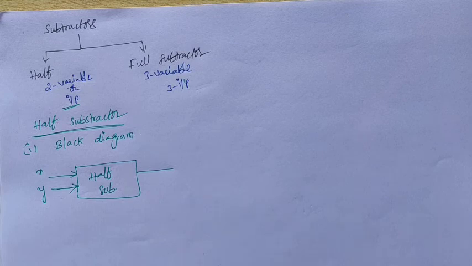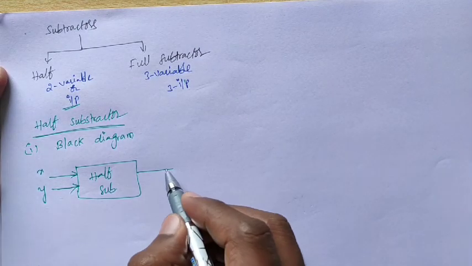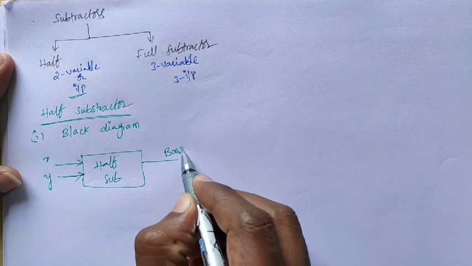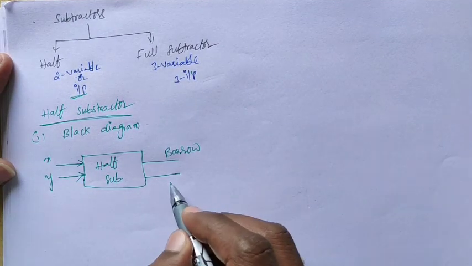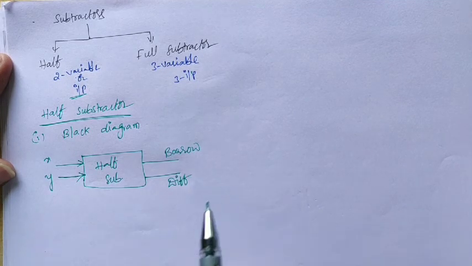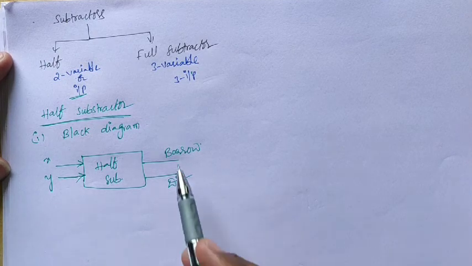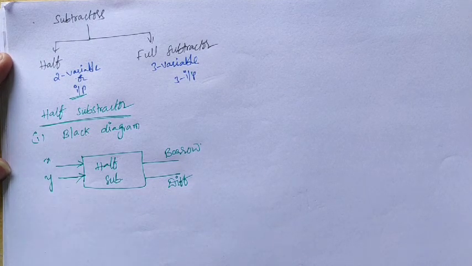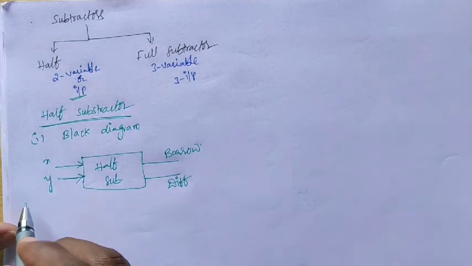In subtraction, if it is from a small number to a big number, we should take a borrow from the previous bit. So here the generated outputs are borrow and difference. In the adder, sum and carry. Here the inputs are x and y. So the first step is the block diagram representation.